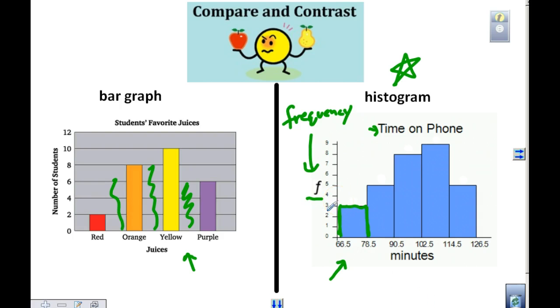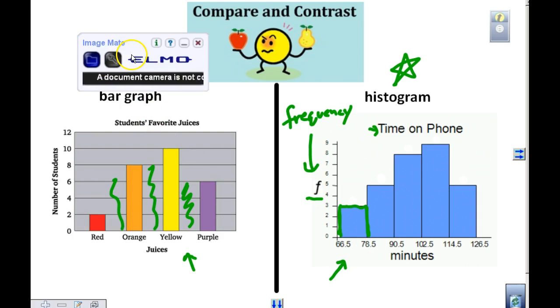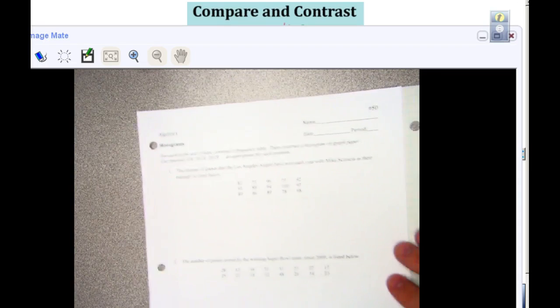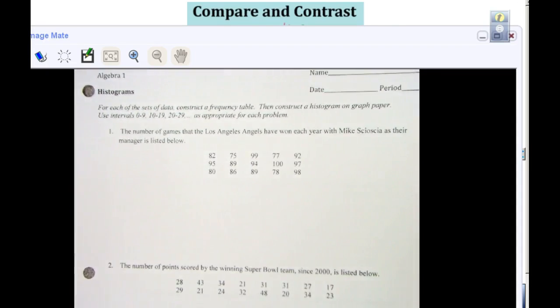So you've gotten the homework and a piece of graph paper. So you're going to do all these on graph paper. So get that in front of you, and we'll go ahead and create one of these.